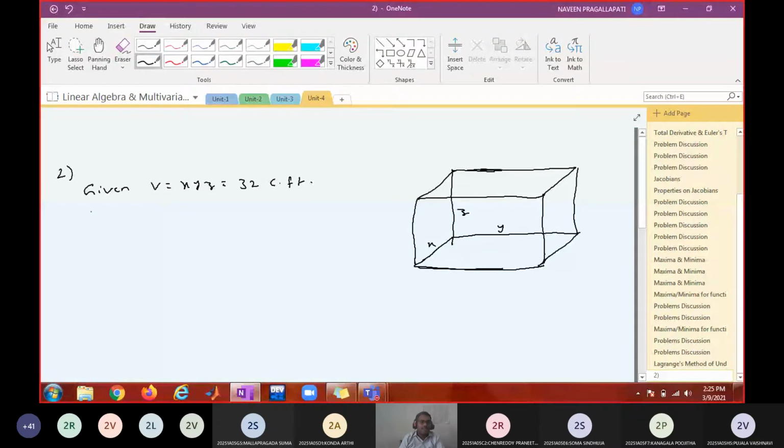What is the surface area formula? The box is open at the top. Therefore, the surface area is equal to xy plus 2yz plus 2zx.